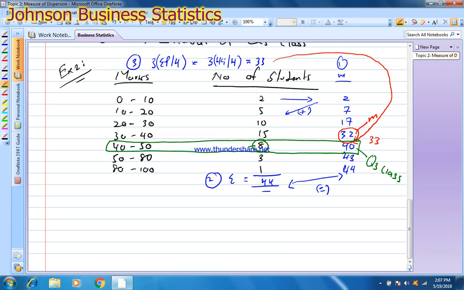So 8 becomes the F, 40 becomes the L, and the difference 10 becomes the C, the class interval. So now we can work out the formula.